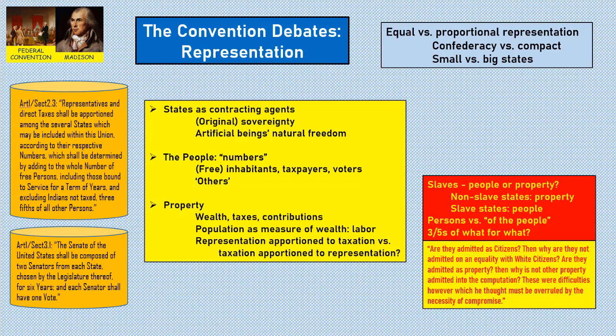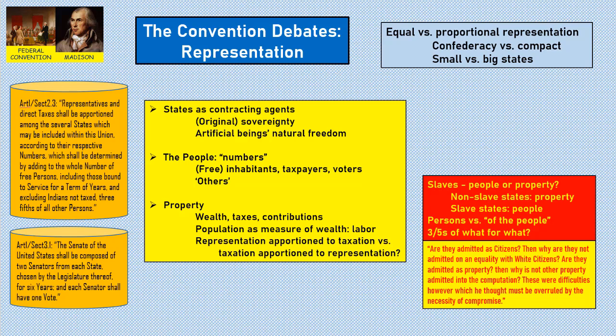What should representation embody? And there are three possible answers here proposed. One is that representation in the national legislature should represent the states, that the states are the contracting parties to a national federation. And that, of course, is the idea that is embodied in the Articles of Confederation.